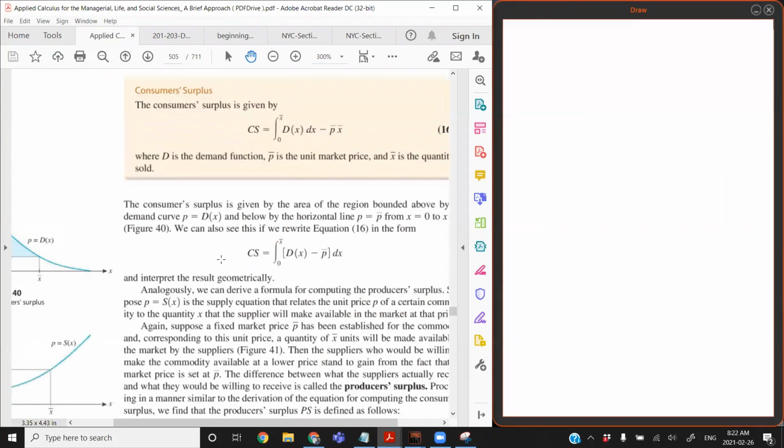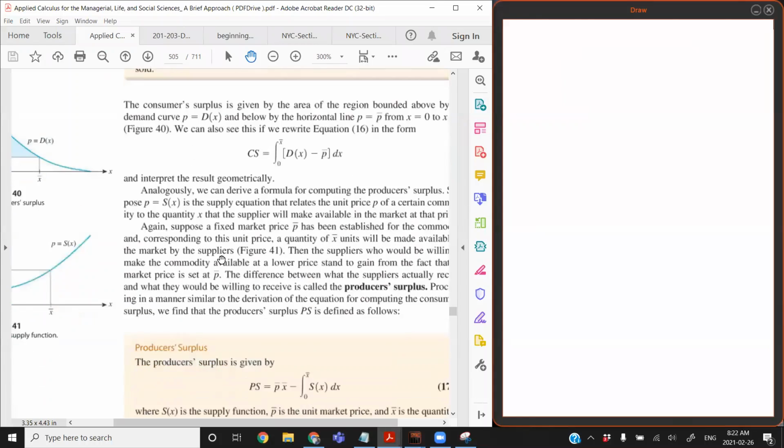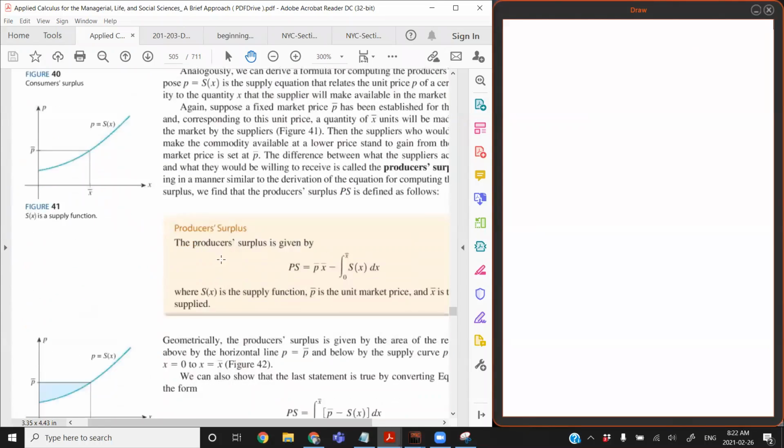The other quantity that we're going to learn to calculate is something called the producer surplus. The supply function is an increasing function. The supply function is a function like this.